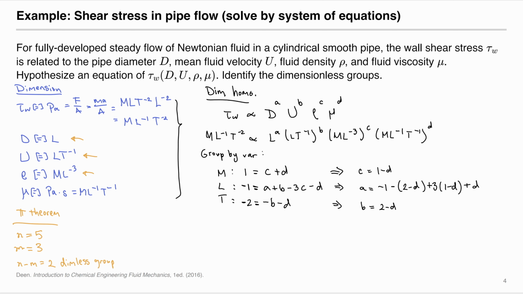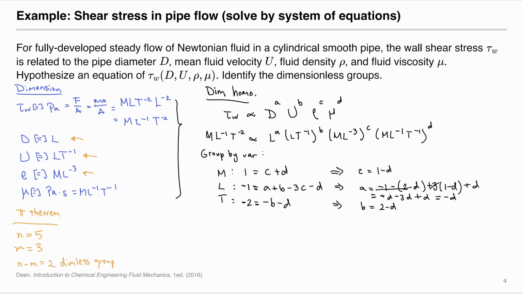If I do the math, this is minus 3 plus 3, this cancels out. And then we have plus d minus 3d plus d. So this is minus d.